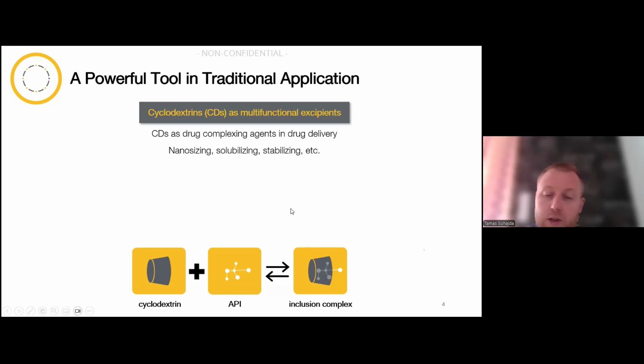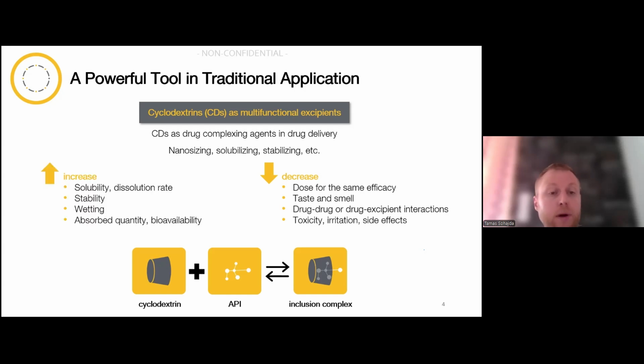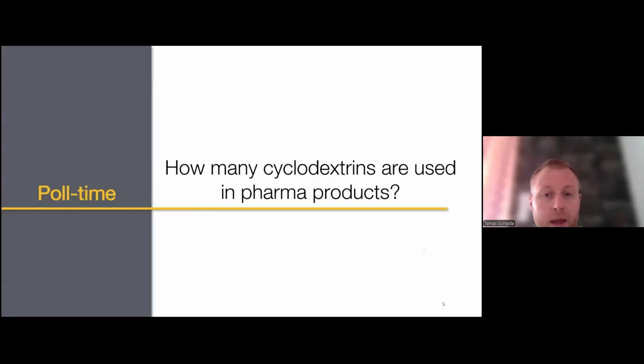And upon encapsulation, as long as the active ingredient is within the cyclodextrin cavity, we can observe a lot of advantageous improvements like masking the taste, masking the smell of an ingredient, in some cases reducing irritation and toxicity or interactions with other compounds. But more importantly, we can observe an increase in solubility, stability, and bioavailability.